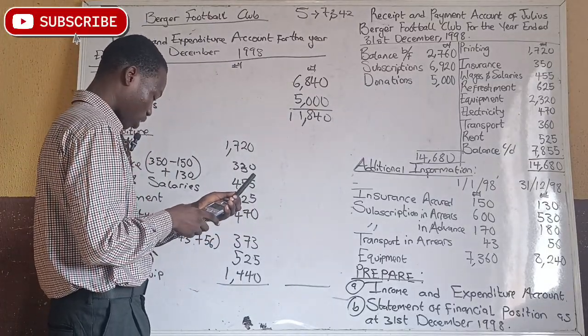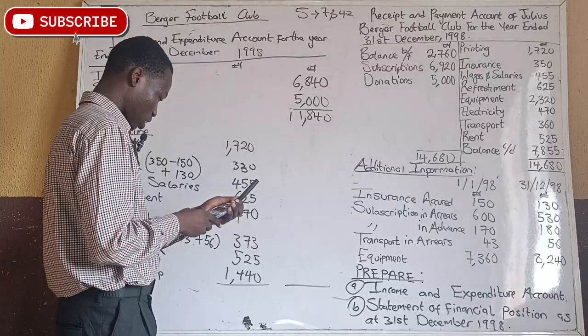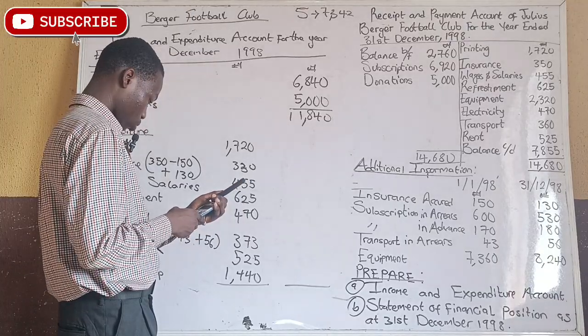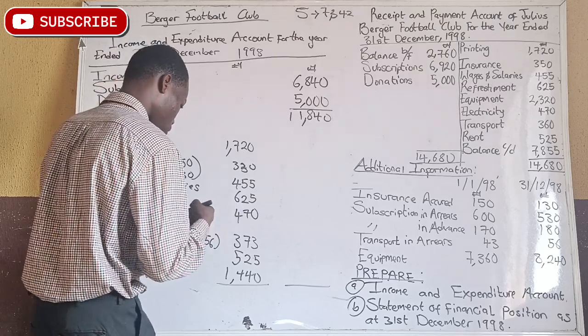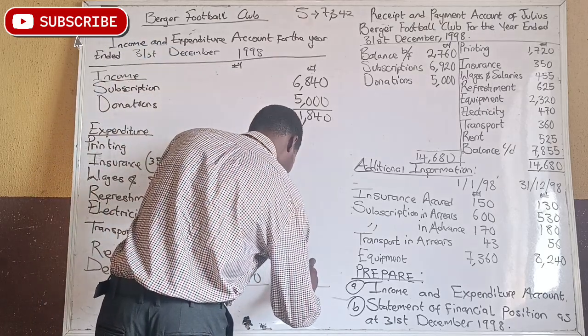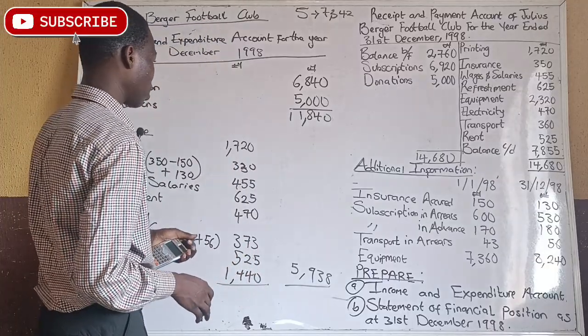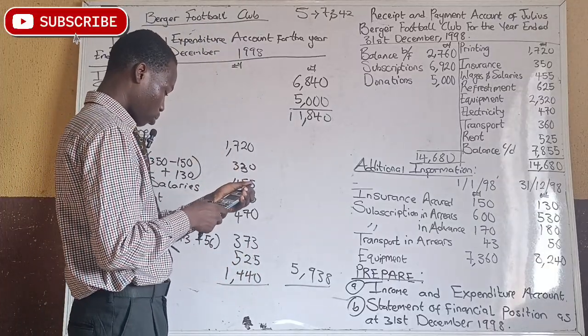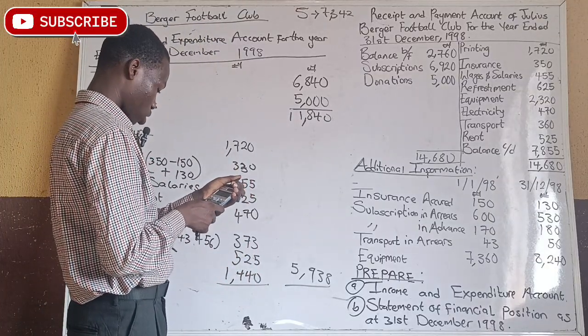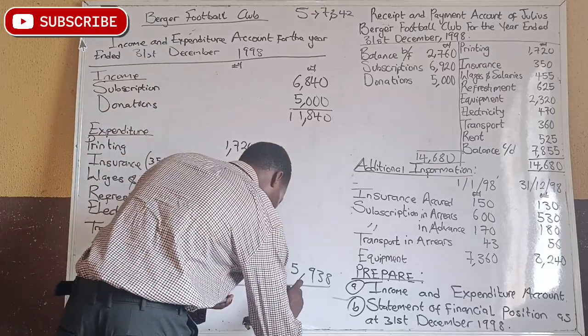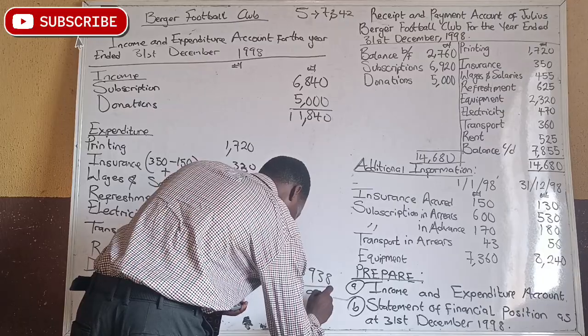Adding everything up here, 1,720 plus 330 plus 4,000 will give us 5,938 naira. Let's deduct it from this. Minus 11,840 is going to give us 5,902.